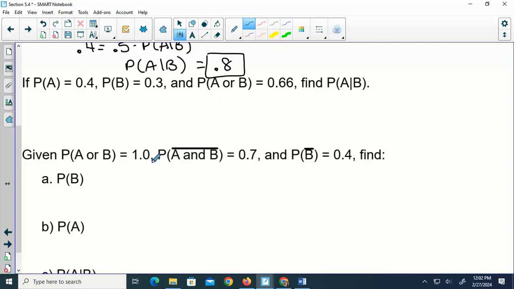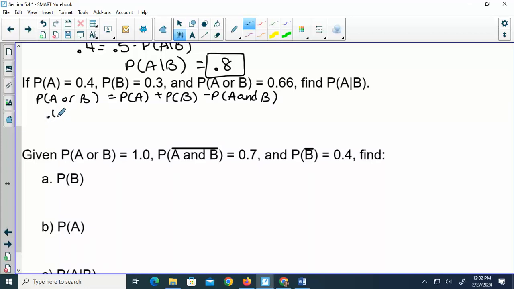Probability of A and B. So if you look back on the first page, the last thing, the general addition rule. Probability of E or F, so the probability of A or B, is probability of A plus probability of B minus probability of A and B. So we're going to start here.